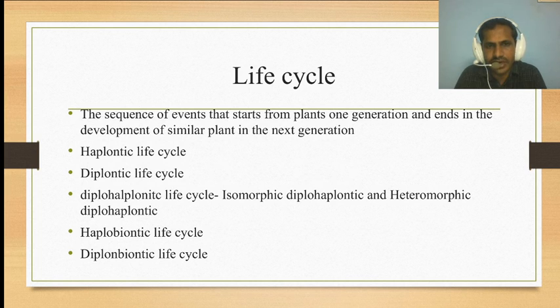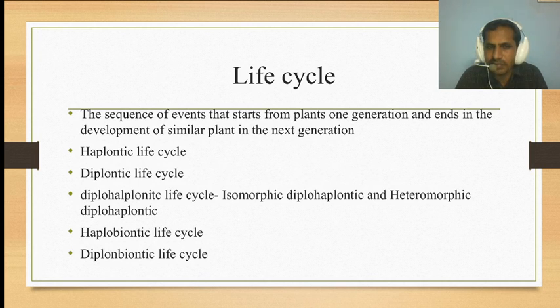There are five main types of life cycle which occur in algae. First one is the haplontic life cycle, second one is the diplontic life cycle. Third one is the diplohaplontic life cycle, which is further divided into two categories: isomorphic diplohaplontic and heteromorphic diplohaplontic.